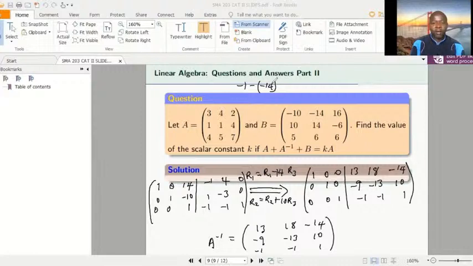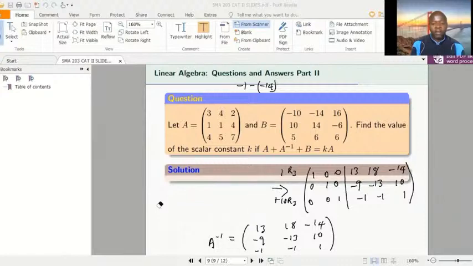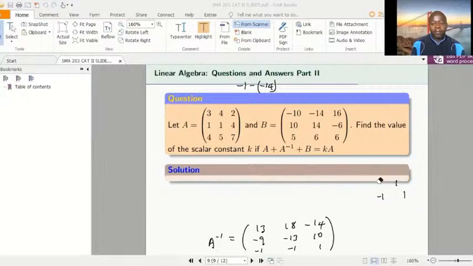So that means we are now ready to answer the question. The question was A plus A inverse plus B should give us KA. So what is A? Now back to the question. A is 3, 4, 2, 1, 1, 4, 4, 5, 7.